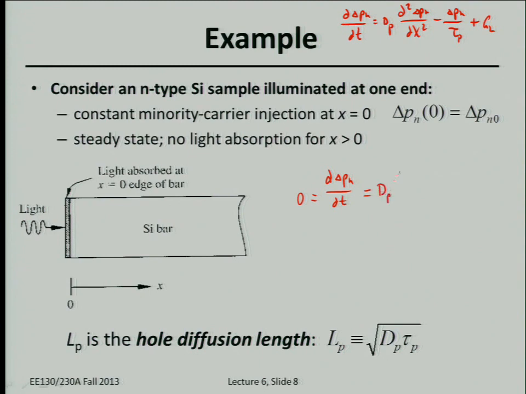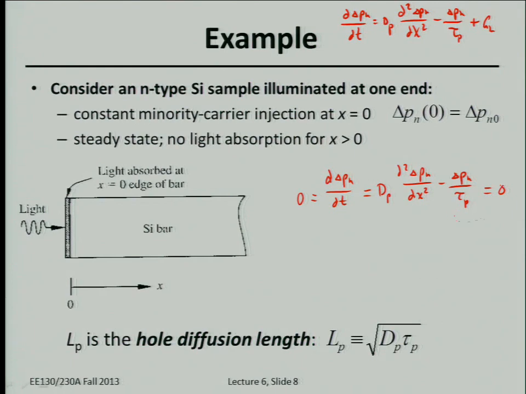Okay, so let's just write that. So G_L is 0. This is your diffusion equation for this particular case inside the silicon beneath the surface.